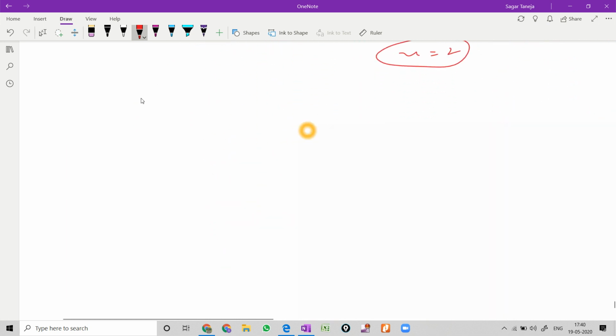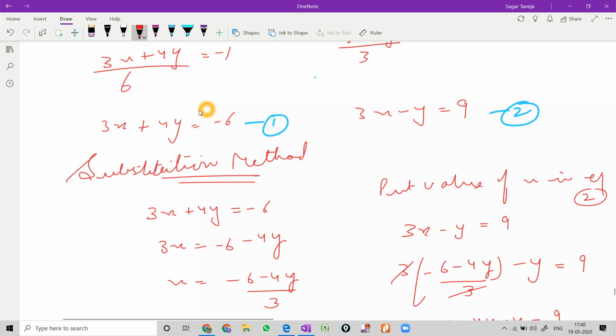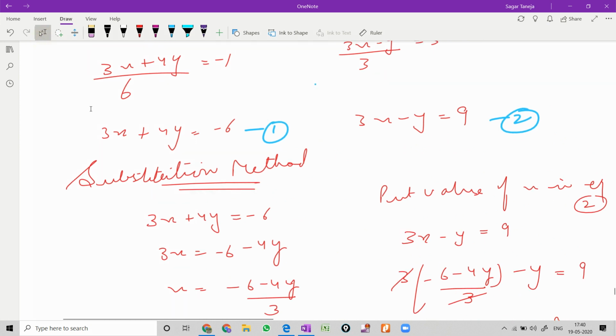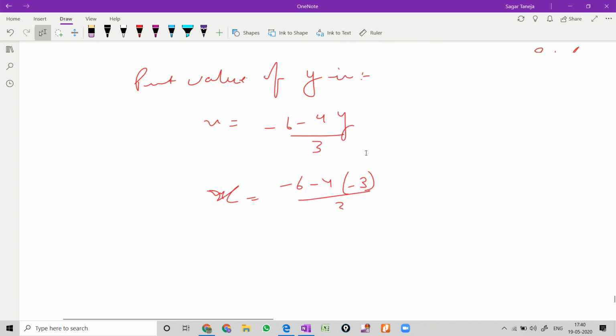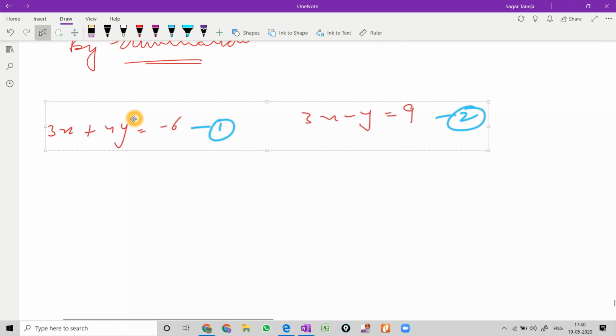We can solve the same by elimination method also. Just write here by elimination. If you're solving by elimination, let us write these two equations and let them be equation number 1 and 2. See this.